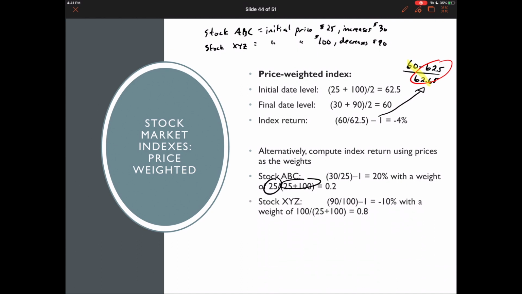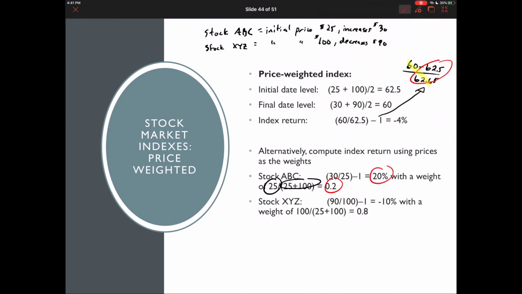And then with stock XYZ, they had a negative 10% return, so they went from 100 down to 90. So ending balance of 90 divided by the initial of 100 minus 1, a negative 10% return with a weight of 80%.